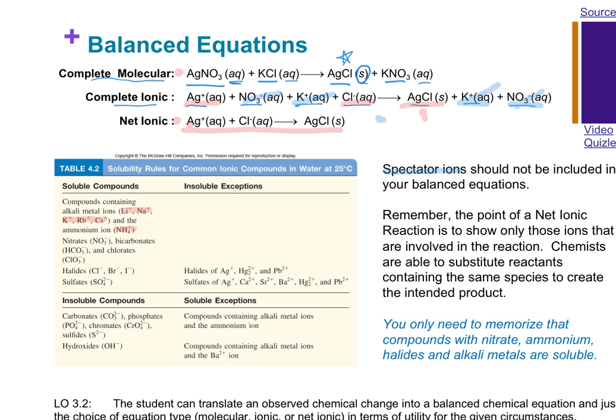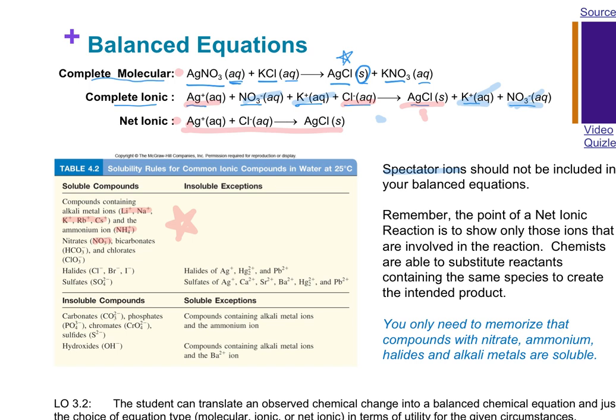That would be a really great thing to start with. So remember alkali metals and ammonium, as well as nitrate. These will always, always, always be aqueous when you find them in a solution. So I'm going to write a little star here because I want you to start to think about alkali metals and nitrate.